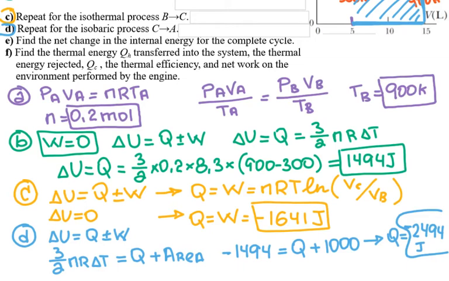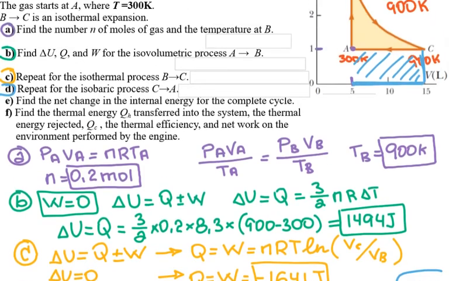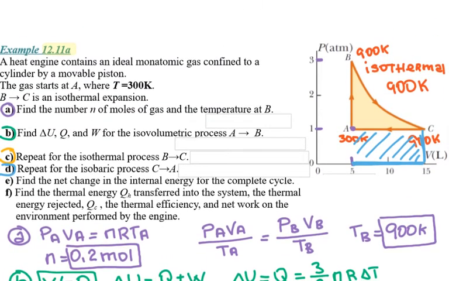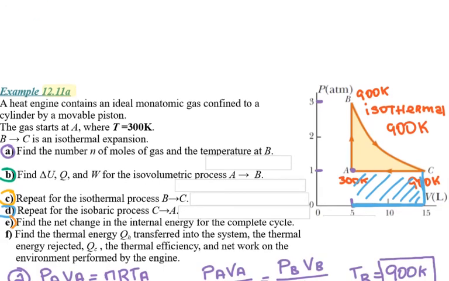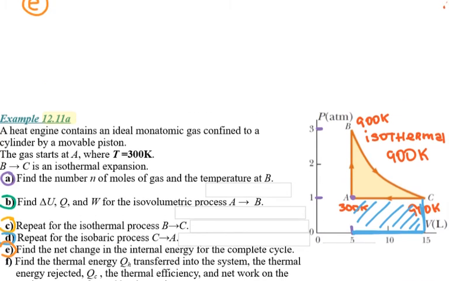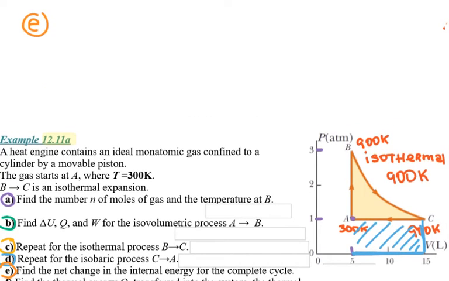I ran out of space at the bottom, so for E, they ask you to find the net change in the internal energy for the complete cycle. So I'm gonna do calculations on the top. For the E part, the change of energy in the complete cycle is 0, since the initial and final states are the same.